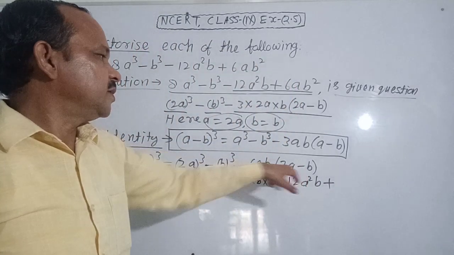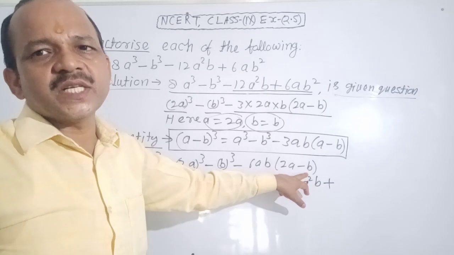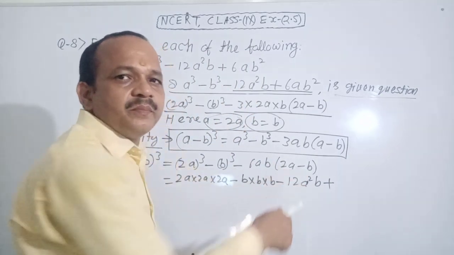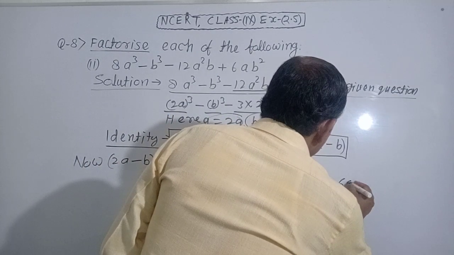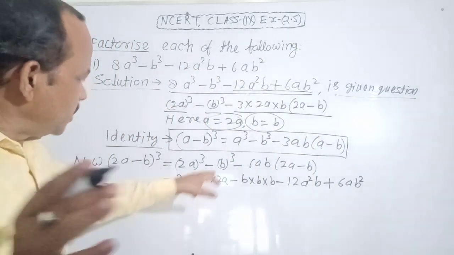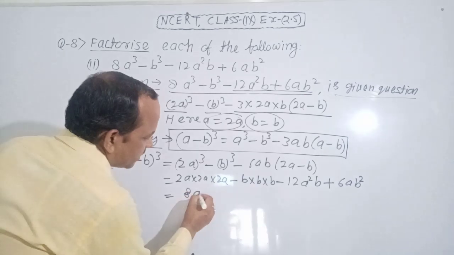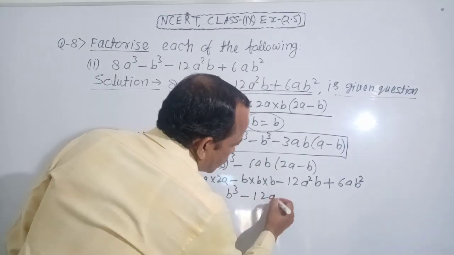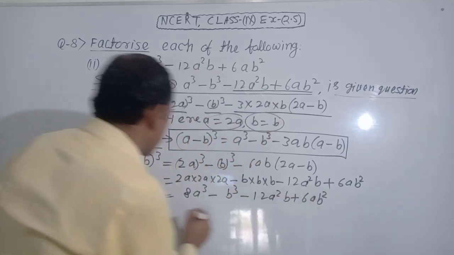Here you multiply 6ab and minus b; minus and minus becomes plus 6ab square. Is it clear? You can write it as 8a cube minus b cube minus 12a square b plus 6ab square.